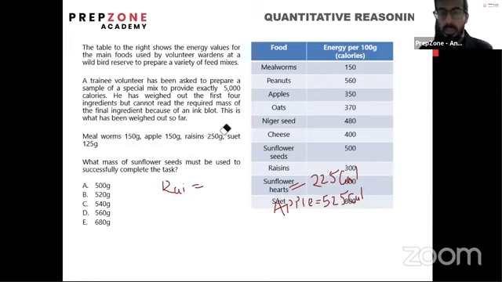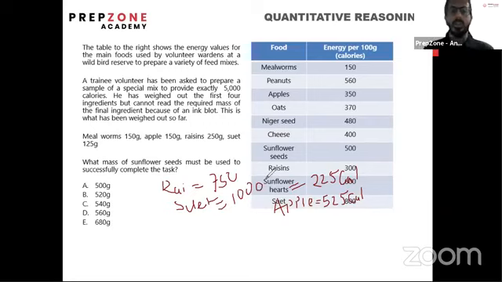Suet is 800 into 1.25, that's 1,000 calories.